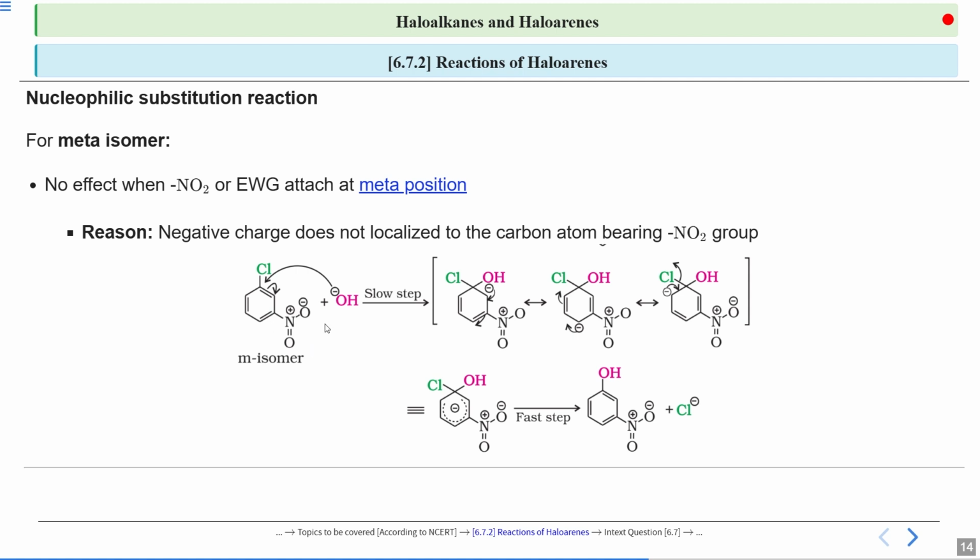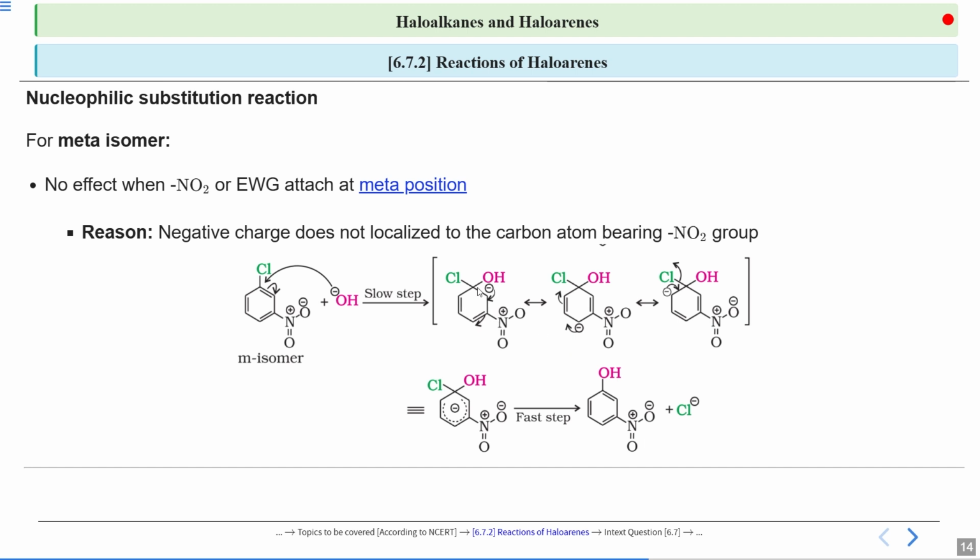Okay, now let's see, the similar step will happen, that nucleophile will attack over this carbon, this double bond electron will shift here as a negative charge, you will get your carbanion. Now this negative charge will delocalize to the carbons. Okay, so what will happen, the next negative charge is coming here at the para carbon. Okay, so it is not coming at the meta carbon.